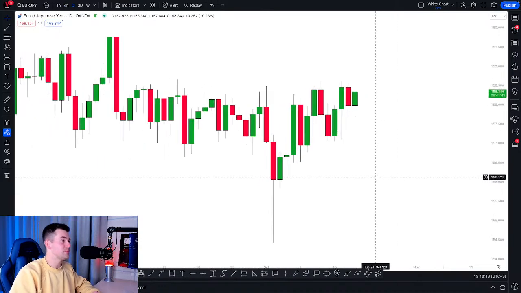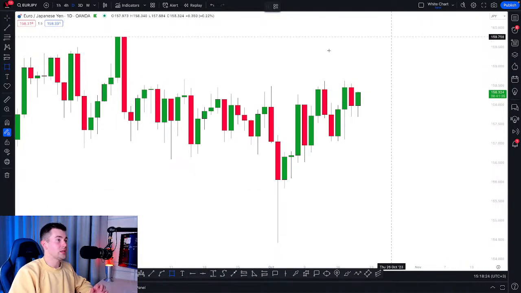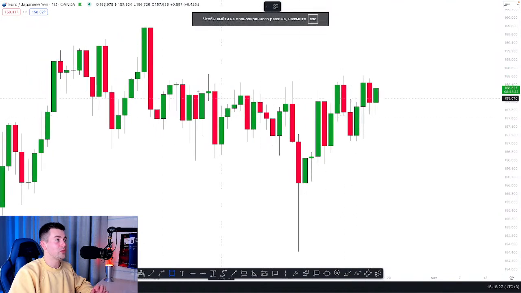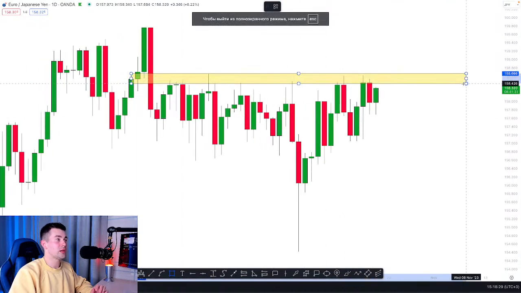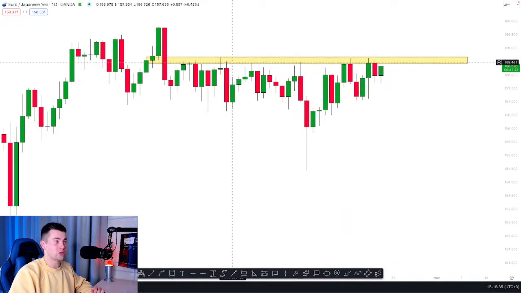Euro Yen looks very interesting because the market is currently trading on a very solid and strong horizontal structure. You can see that here we have a very strong structure cluster that was respected a lot of times by the market in the recent past.